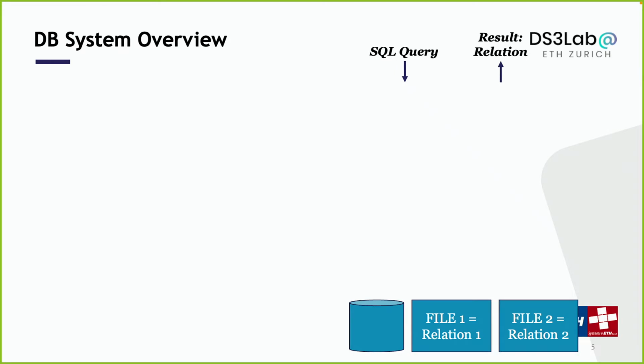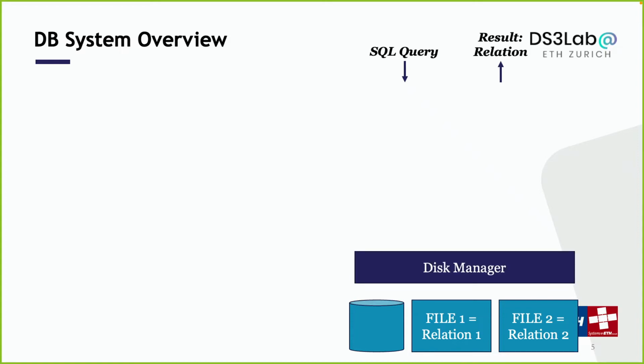We also talk about this layered structure of a simplistic database system. At the bottom, you have your data stored as a whole bunch of files inside your file system. And at the top, the functionality you provide is that you take as input the SQL query and give back the result as a relation. At the bottom layer, there's a disk manager to manage your storage and your disk.